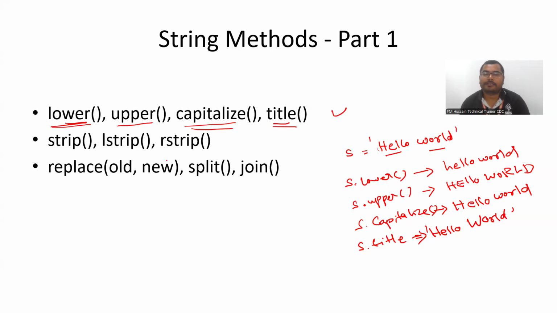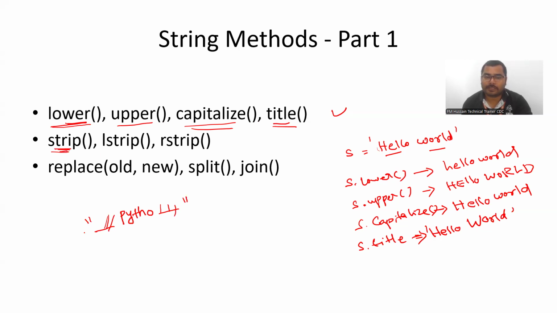Okay, so sometimes your string may have some spaces before and after the string. See here, let us take one string, Python. Sometimes we may have some spaces before and some spaces after. Sometimes we may have some extra characters also. In such a case, if you want to remove these extra spaces or characters, then we can use the strip method.